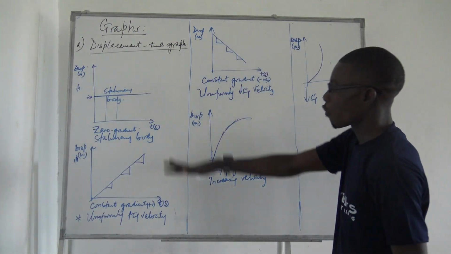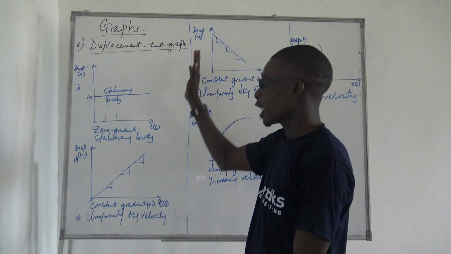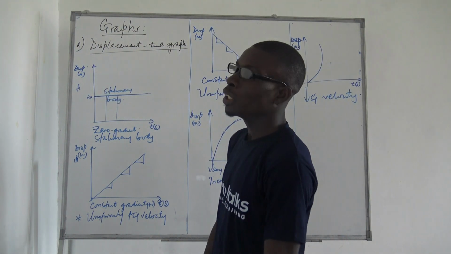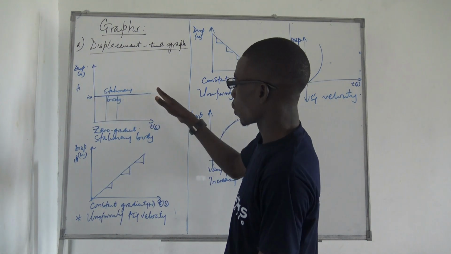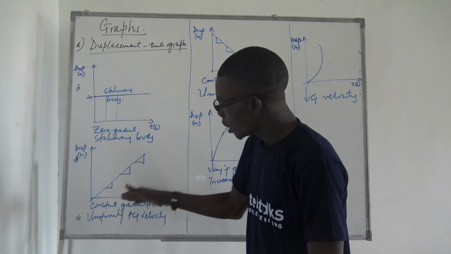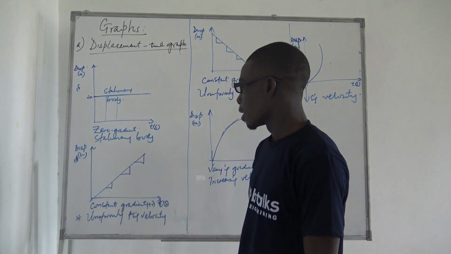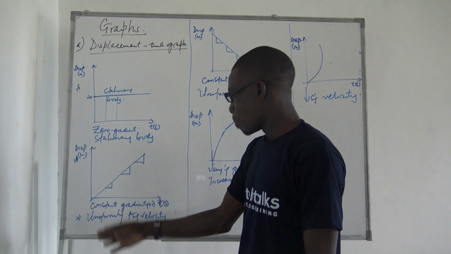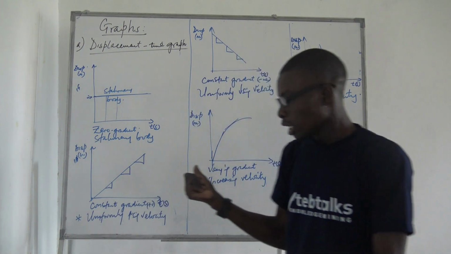So this is so far under displacement time graph. We said the displacement time graph for a body which is at rest, you draw with a horizontal line, 0 gradient. That means the body is at rest. This is displacement time graph for uniformly increasing velocity.